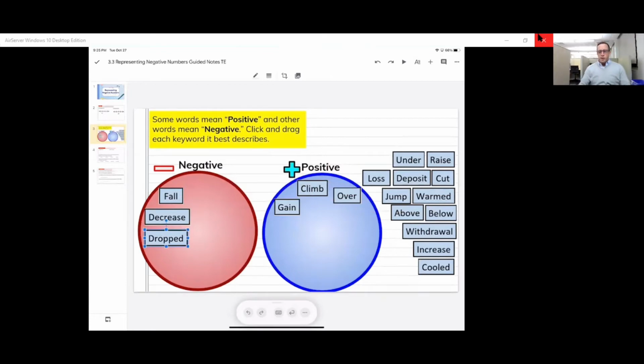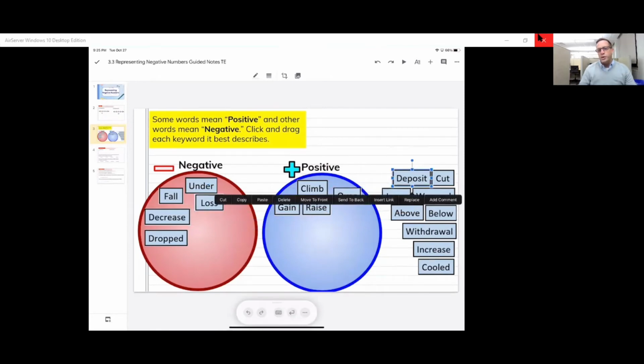Dropped would go there. Under, again, like underwater. That's going to go right there. Raise, if you raise your salary at work, that's going to be positive. Loss, that definitely sounds negative. Losing money is going to be a negative.